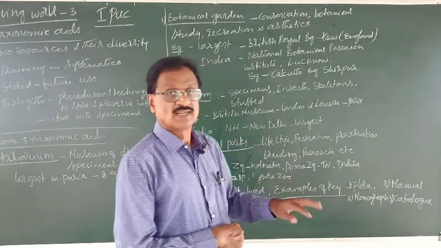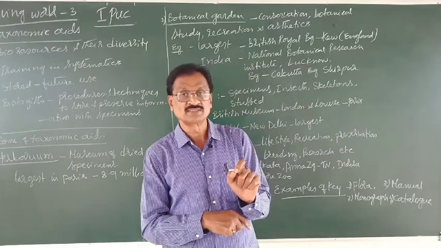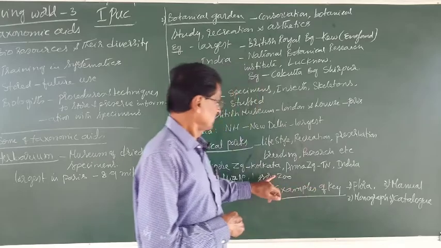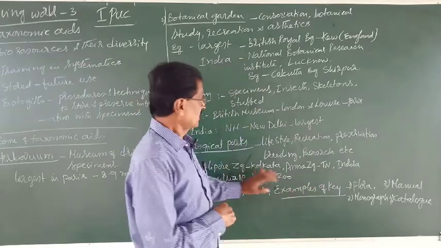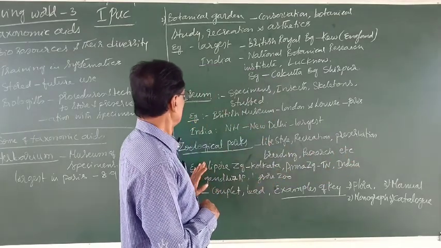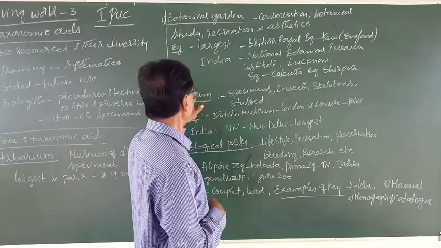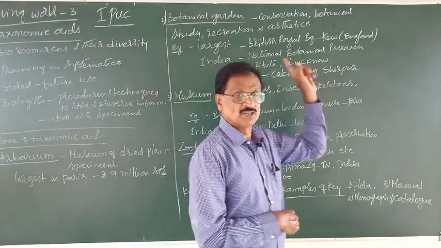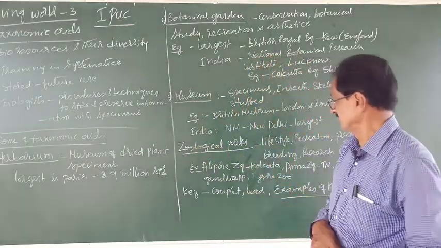And then another world-famous South Indian zoological garden is found in Mysore. These are all said to be the zoological gardens, which are one of the taxonomical aids, like the museum, botanical garden, and herbarium.